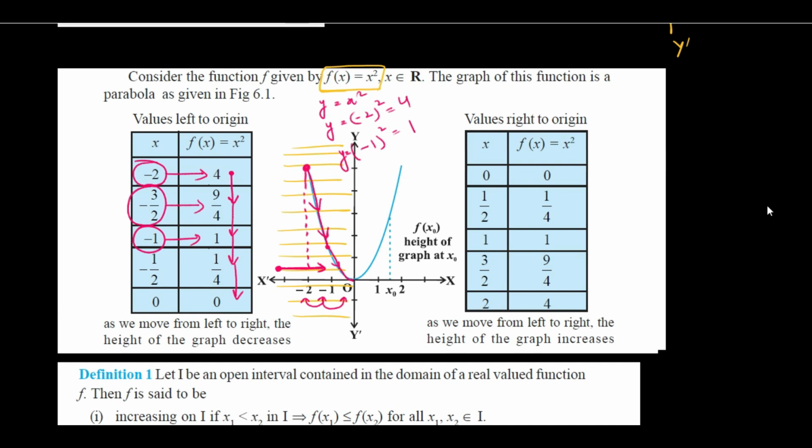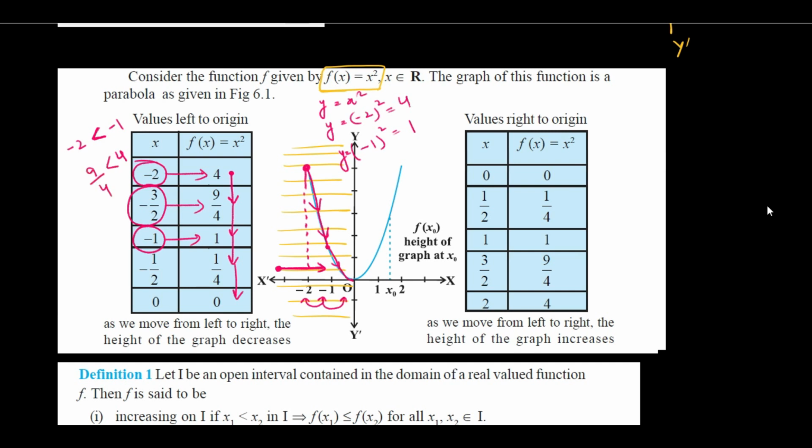Now see, -2 and -1. -1 is greater than -2, but the value of x square here, 4, is greater than 9/4.